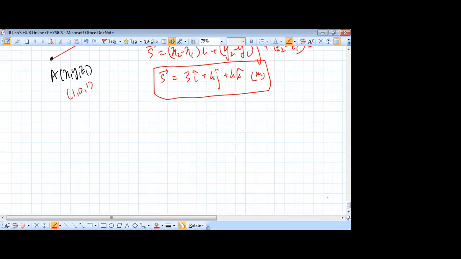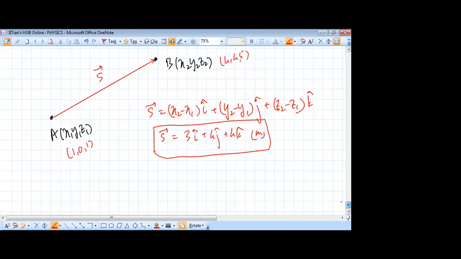So therefore now the magnitude of the displacement you can directly see, or whatever unit is given.